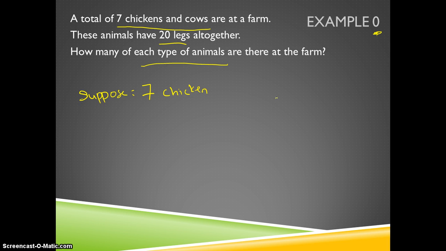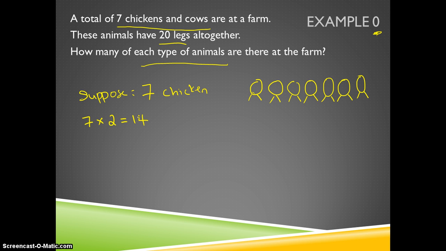I'm going to draw it out for you. If I have 7 chickens, it's 1, 2, 3, 4, 5, 6, 7 chickens. Each of them has 2 legs. So 7 chickens, each with 2 legs. If I suppose I have 7 chickens, how many legs would I have altogether? I take 7 times 2, and that will give me 14.